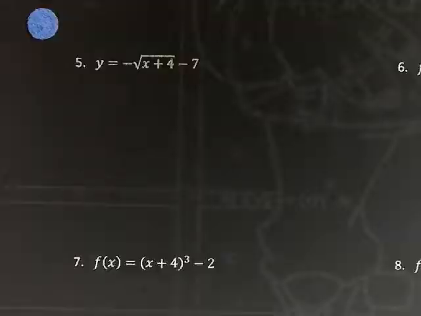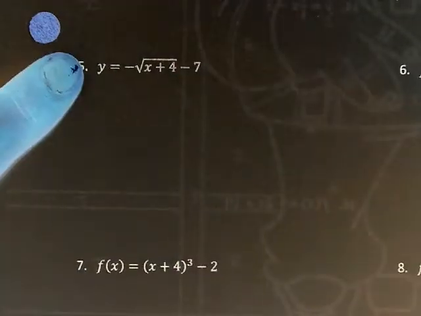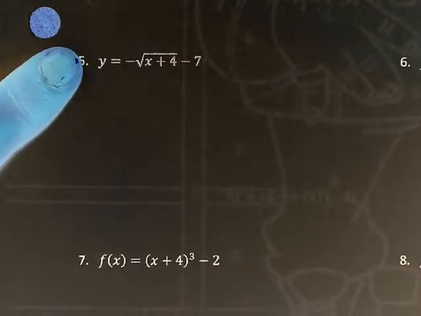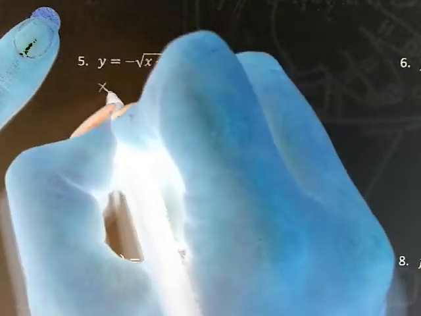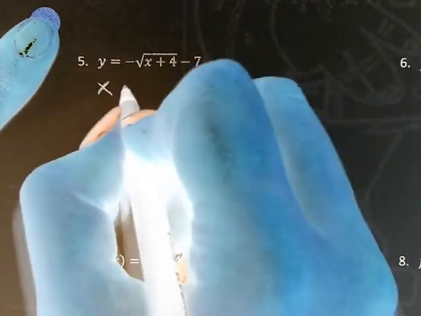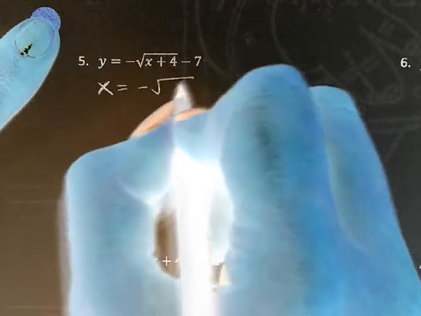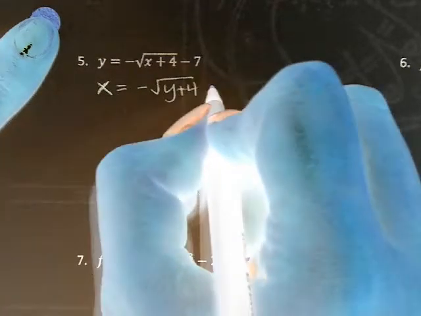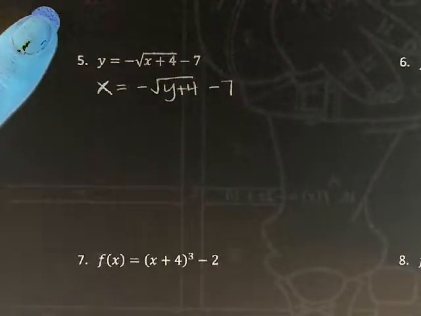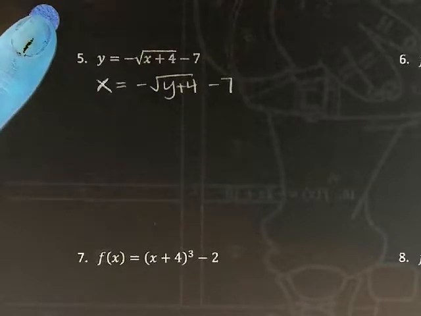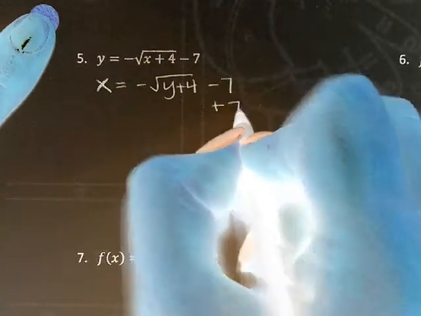All right. What do I do first on number 5? Switch the X and the Y. Then you're going to add 7.